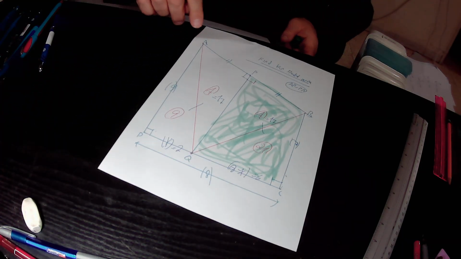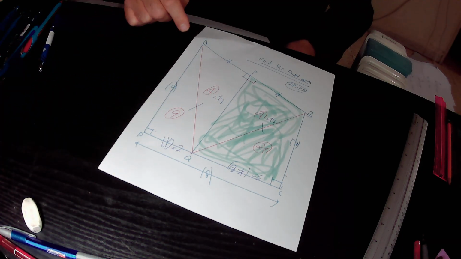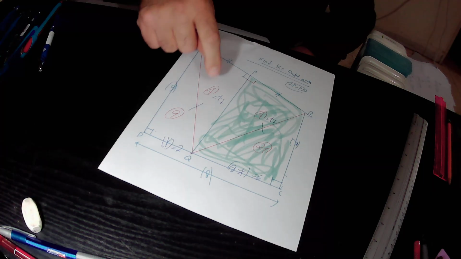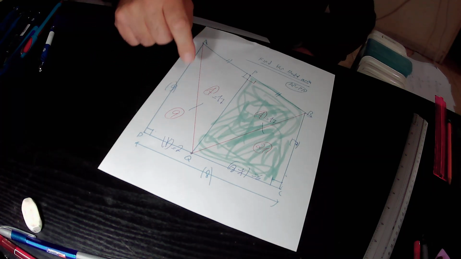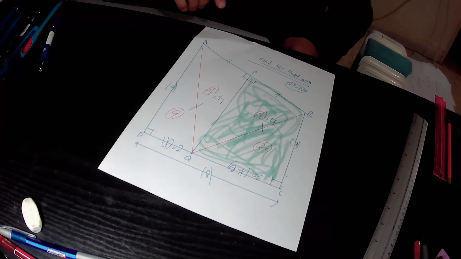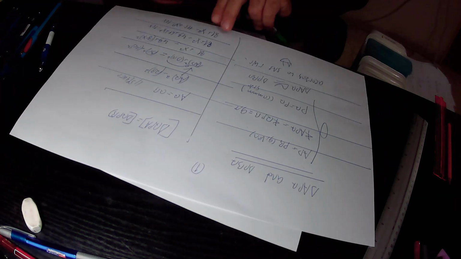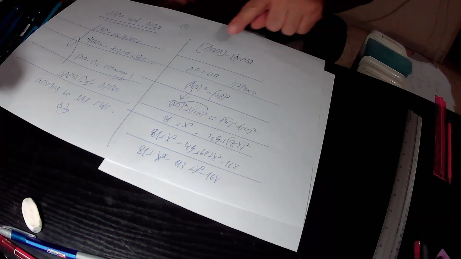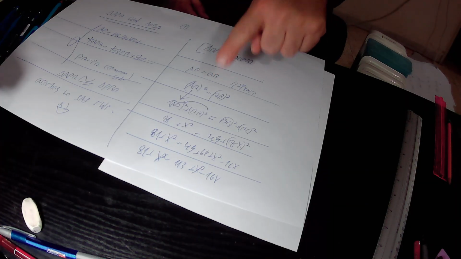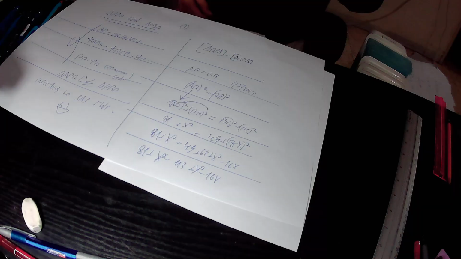So in this right triangle AQD, according to the Pythagorean theorem, in a right triangle the square of the hypotenuse equals the sum of the squares of the other two sides. That is to say, AQ squared equals AD squared plus DQ squared. Therefore we can substitute AQ squared by AD squared plus DQ squared.